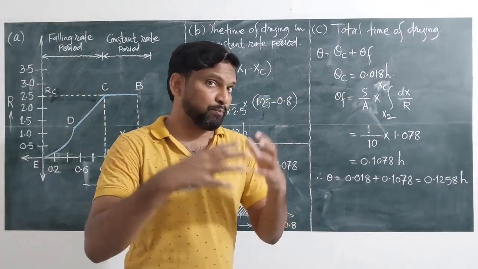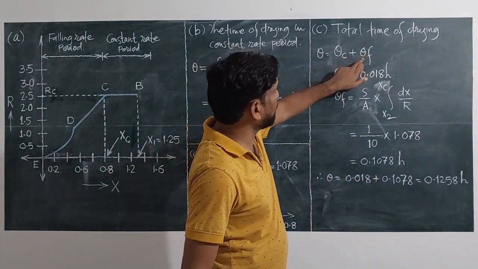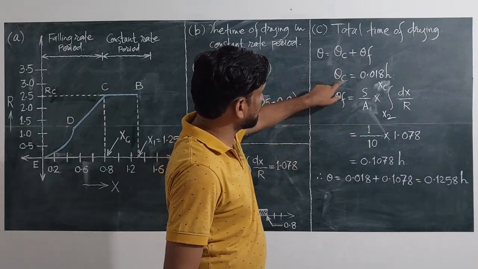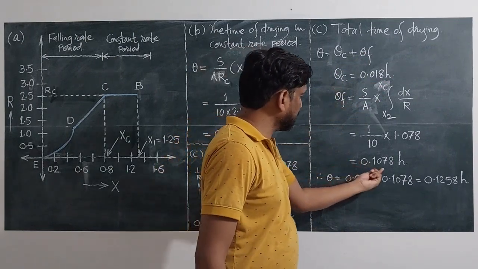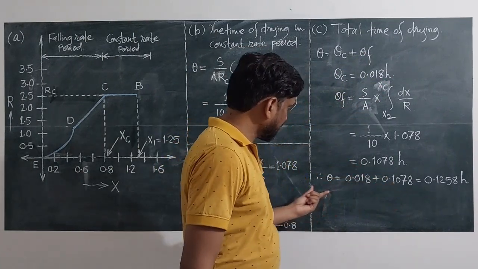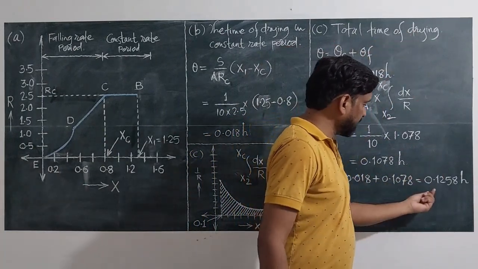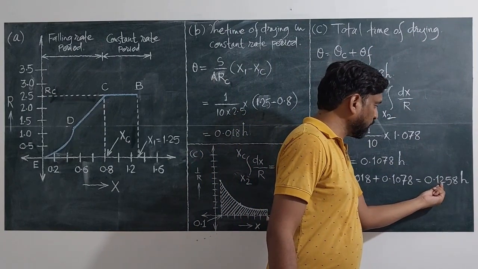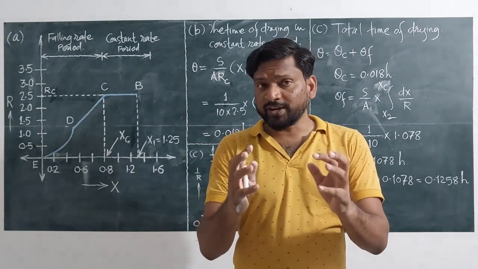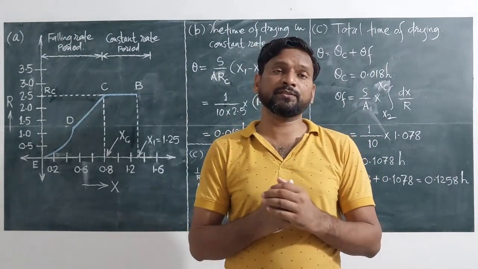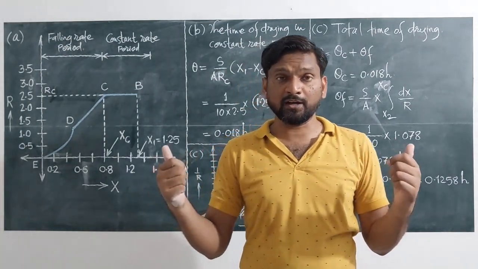And you just have to add both the times, theta C and theta F. Theta C is 0.018 hour, and theta F is this value. The total time of drying is equal to 0.1248 hour. In this way, the drying times are calculated if the given data is like this, R versus X.